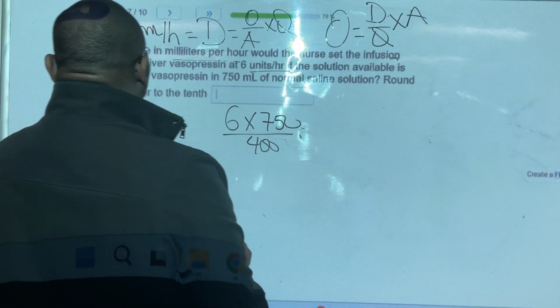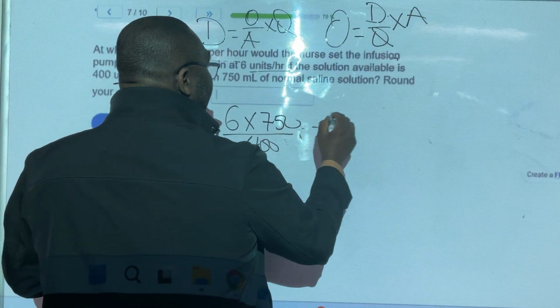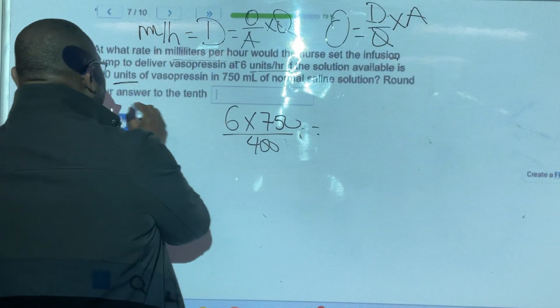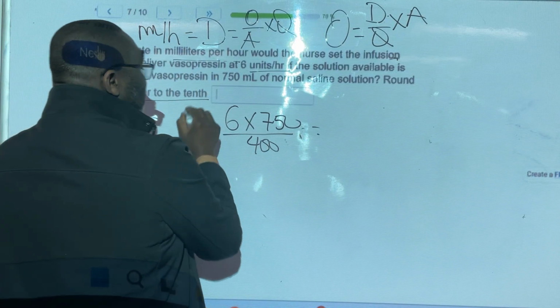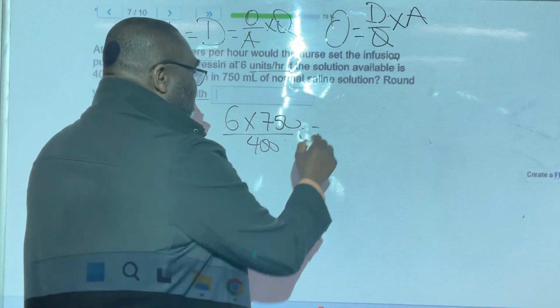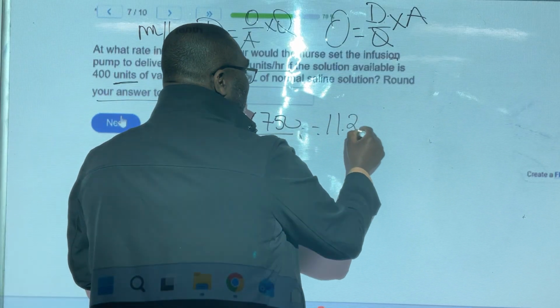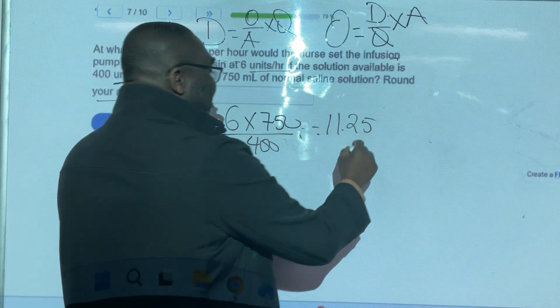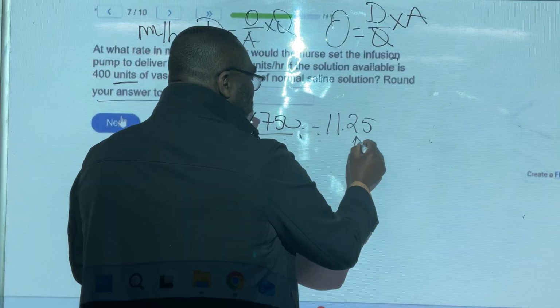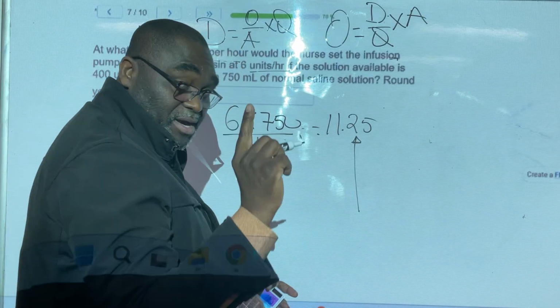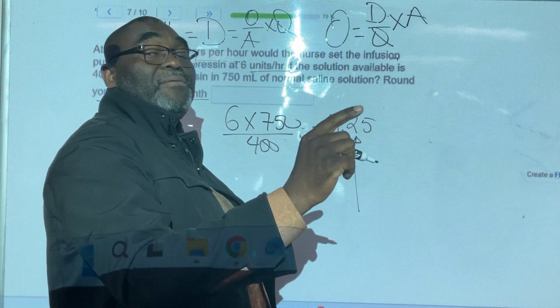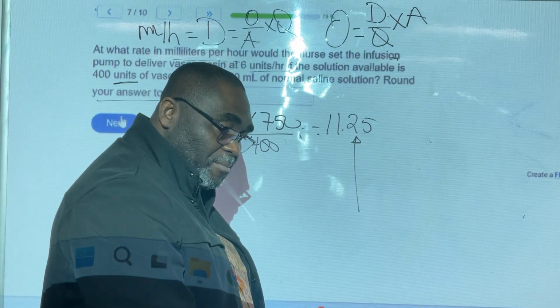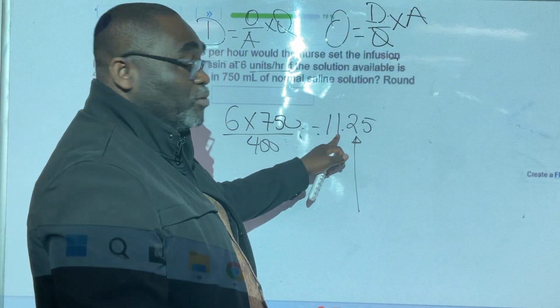Now we got 11.25. But read again. They say round your answer to the nearest tenth. Because I have 11.25, my tenth place is 2. That's the first rule of rounding. Identify your tenth place. That is the first number after the decimal point.